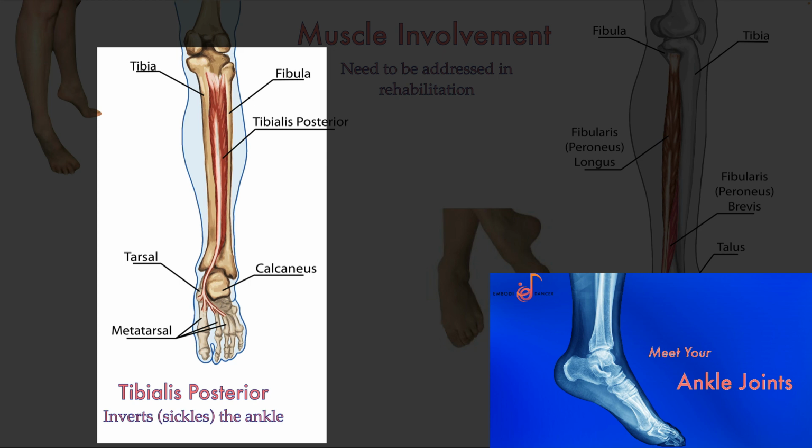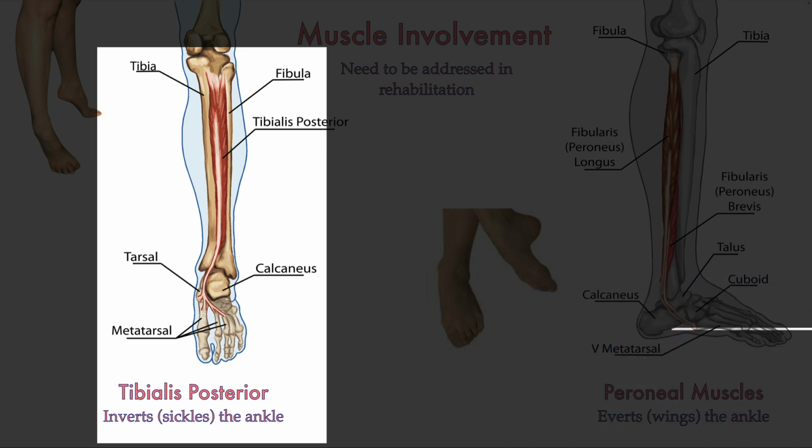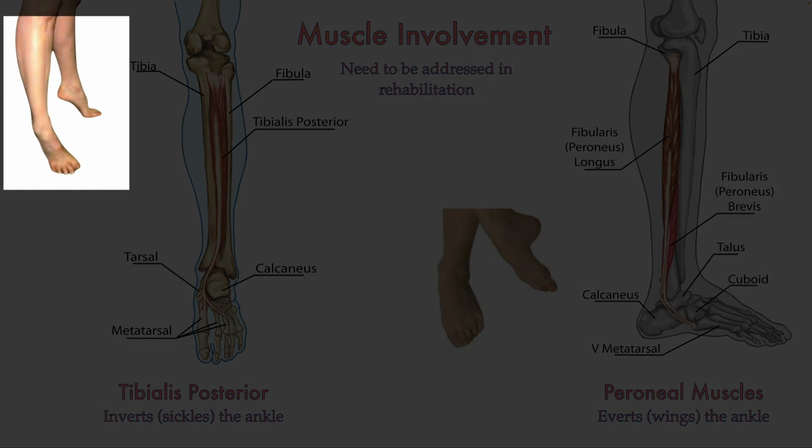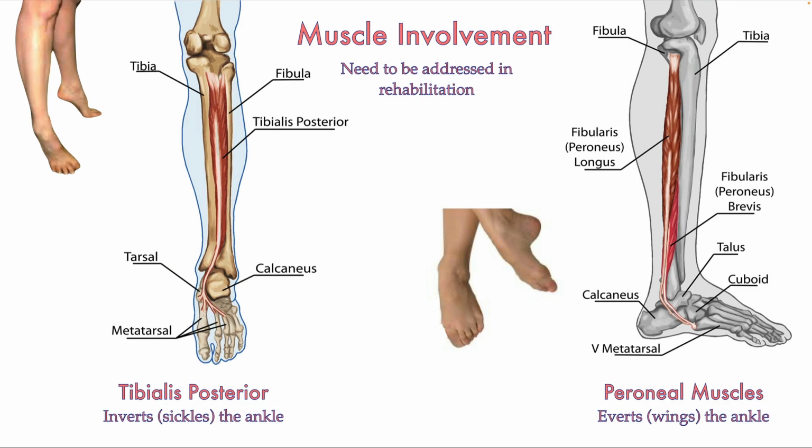And you can see it runs down the back of your lower leg, and then its tendon, remember muscles end in tendons, wraps around that inside ankle bone and comes underneath the foot. Its job is to pull your foot into that sickle position we just talked about. So it inverts the ankle.